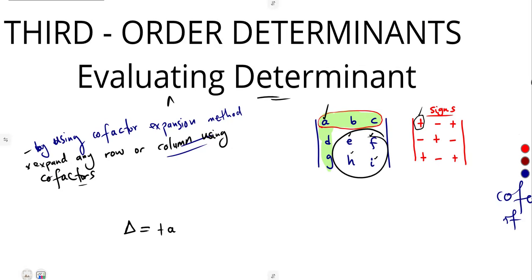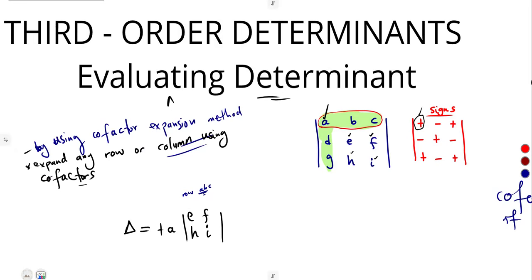This is what you're left with. You determine its determinant. E, F, H, I. All right? Remember, we are using the row, we expanded from the row which has got A, B, C.